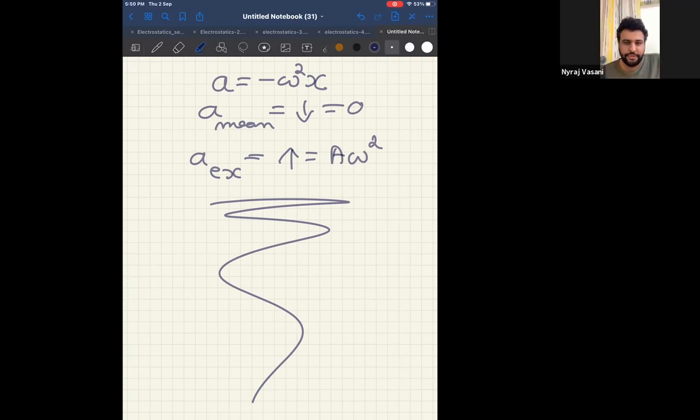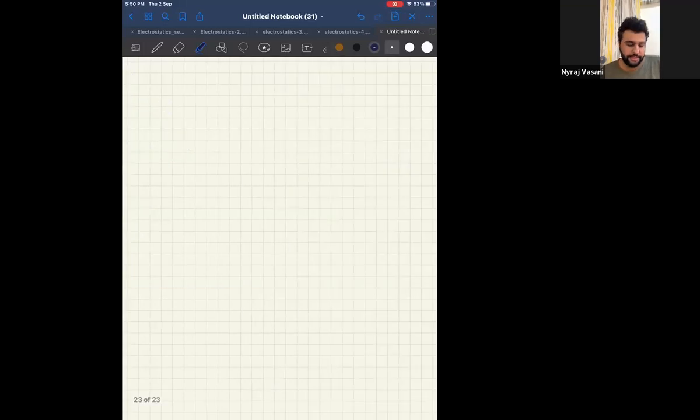Sure? Okay. Now tell me, how many formulae for velocity do you know in this chapter? One is the general formula, V is equal to... correct?